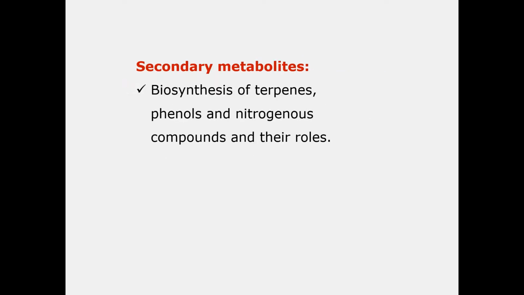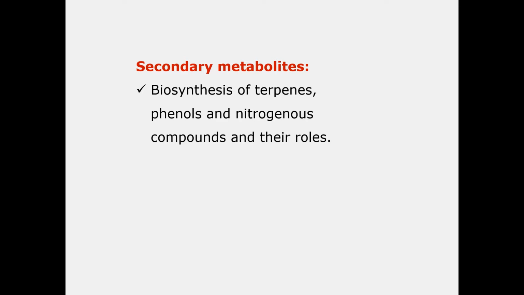Secondary metabolites. From secondary metabolites, we can study terpenes, types of terpenes, and number of carbons present in different types of terpenes. Biosynthesis pathway, that means malonic acid pathway and MEP pathway, and try to remember different plant terpenes.